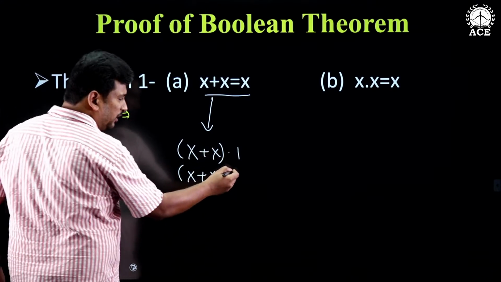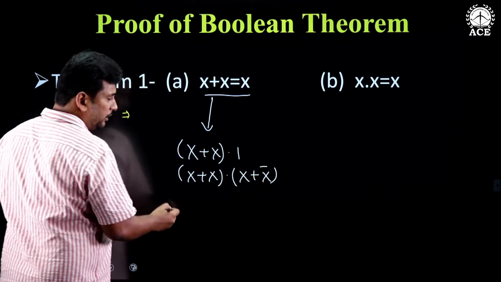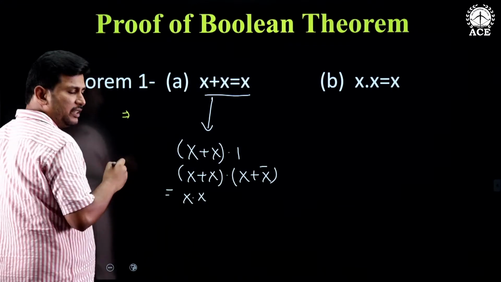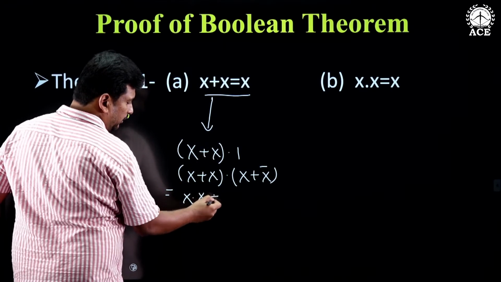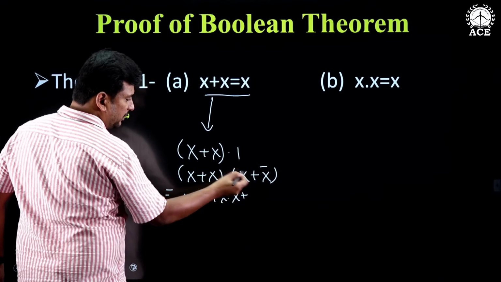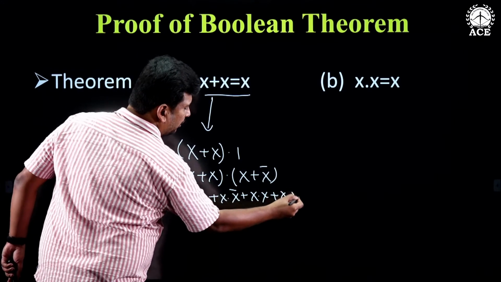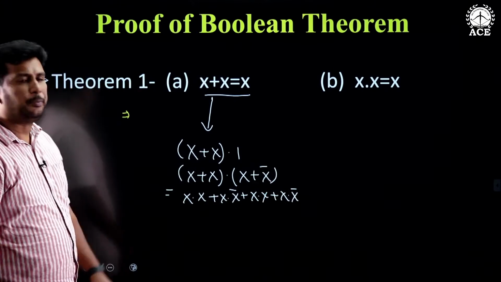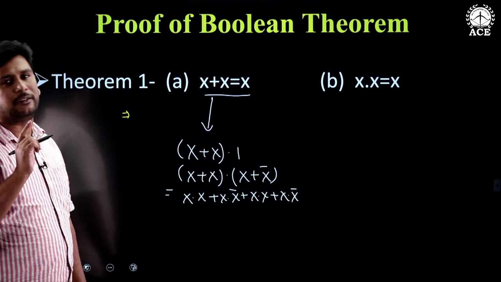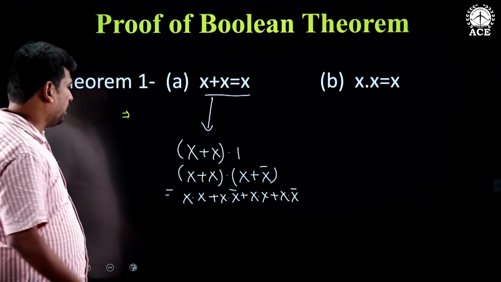So I want to replace 1 with X OR with X complement, and now let me do some products: X AND with X, plus X AND with X complement, plus X AND with X, plus X AND with X complement. Previously we have seen that when a variable is ANDed with itself, it results in the variable itself.